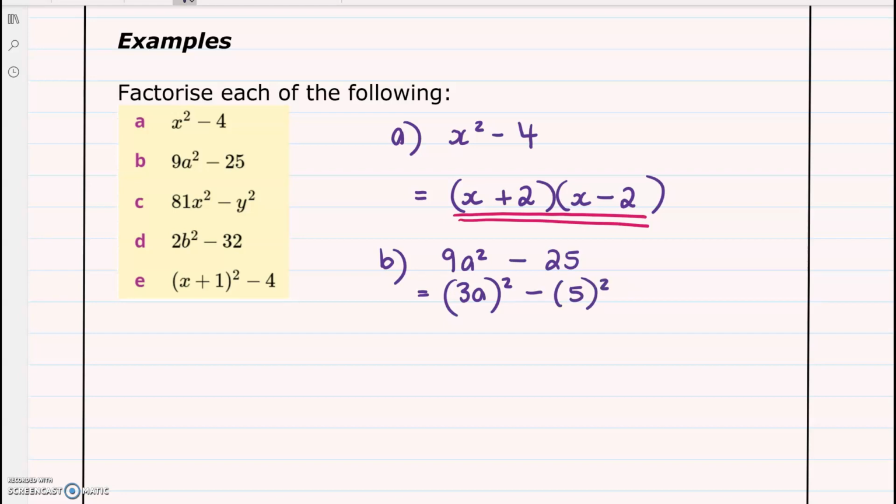You don't have to write that line. I'm just doing that so you can see what goes into my brackets. Perfect square minus a perfect square means I'll have two brackets. One will be positive, one will be negative. I could have put the minus sign first, then the plus. And the 3a and the 5 are what goes in. So 3a is at the front of the bracket, 5 is at the end. Done.